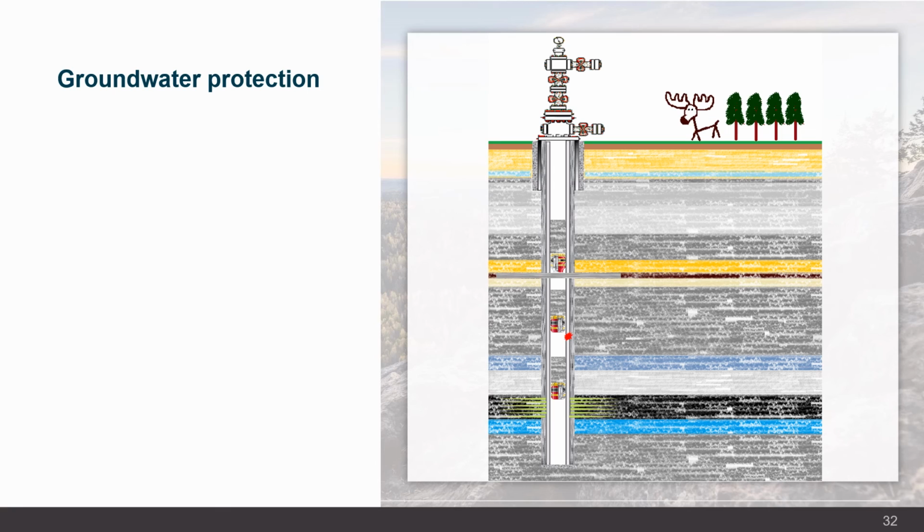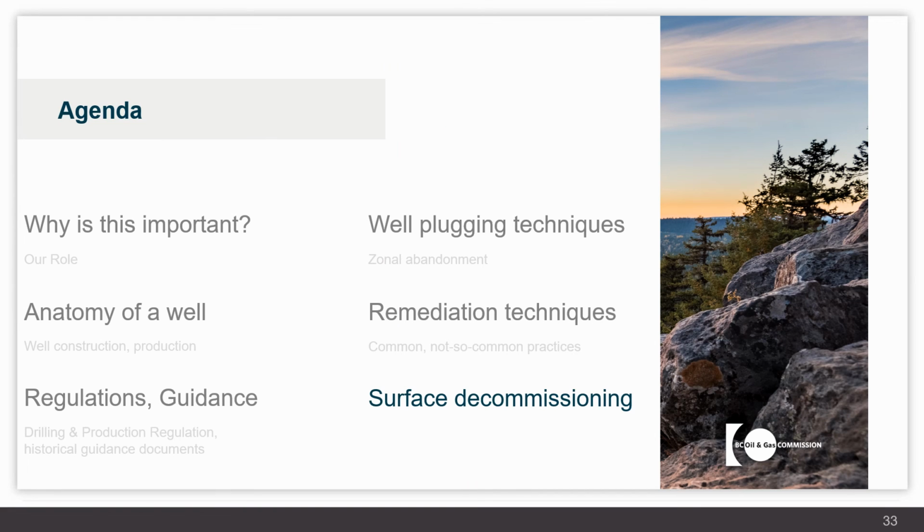As a result, when conducting groundwater protection remediation, only circulating cement or cement retainer squeezes are appropriate for addressing the issue. In the example shown here, because the surface casing covers all intervals above the base of usable groundwater, no groundwater protection is required.